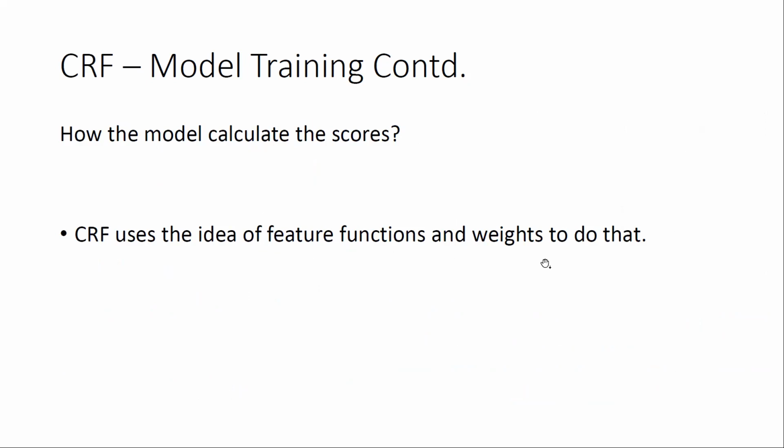I will go into the depth of how these feature functions and weights together help us get the best score and understand what is being done. I hope everyone is understanding, right? If you have any doubt, you can write in the chat box, or you can stop me in between.